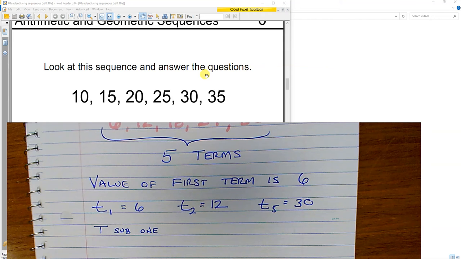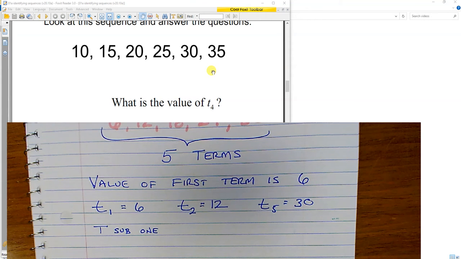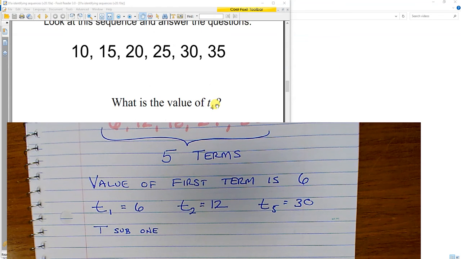Here's another sequence. 10, 15, 20, 25, 30, 35. What is the value of t sub 4? T sub 4 is 25. What term is 35? So this guy right here, what term is that? Is this the first term? Is this t sub 1?